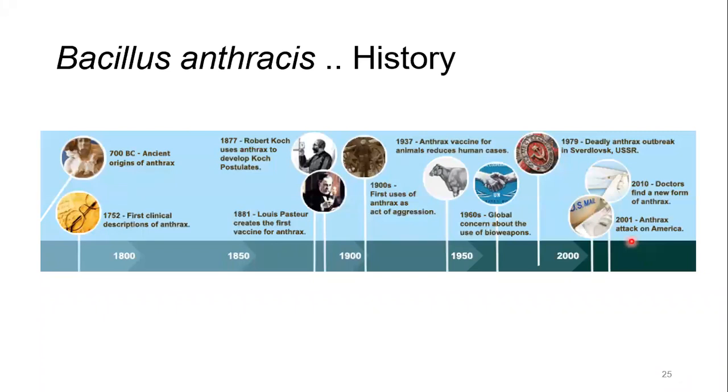In terms of history, origins are thought to be as long ago as 700 BC, but the first clinical description was in 1752. In 1877, Robert Koch, whom I assume you've had a lot of or are going to hear a lot of, used anthrax to develop what are known as the Koch postulates, which I'm sure you've discussed in earlier classes.